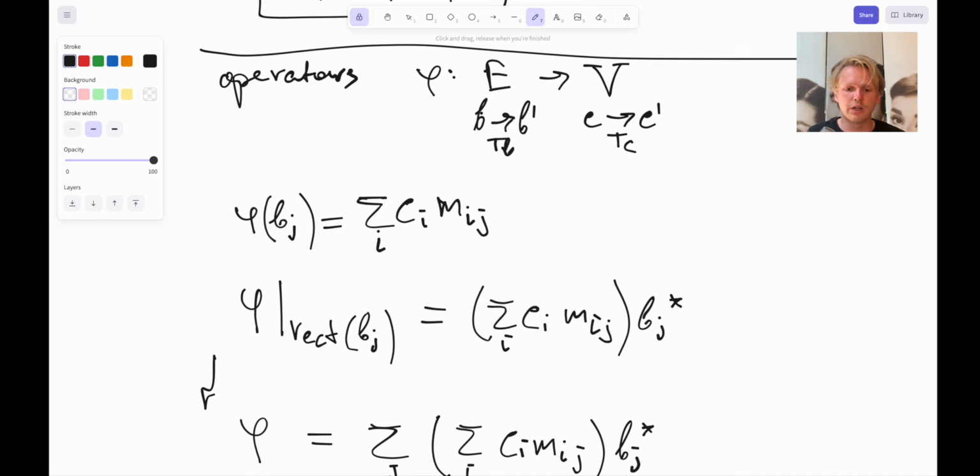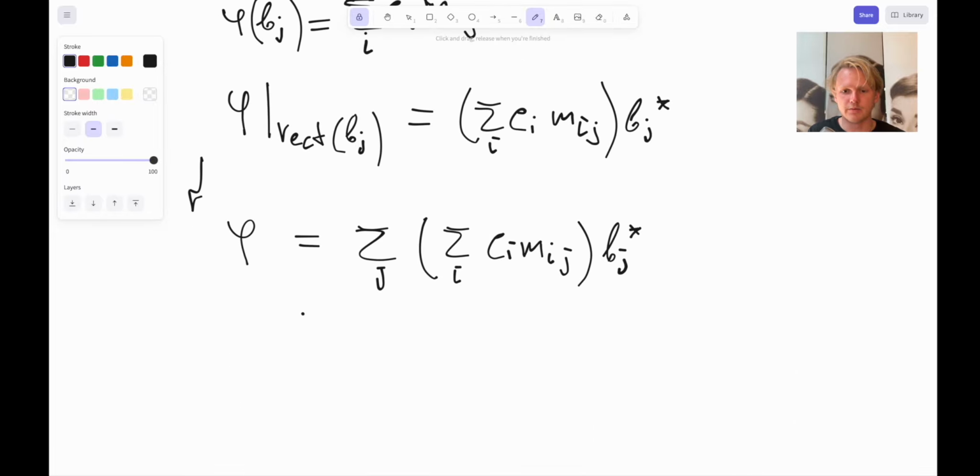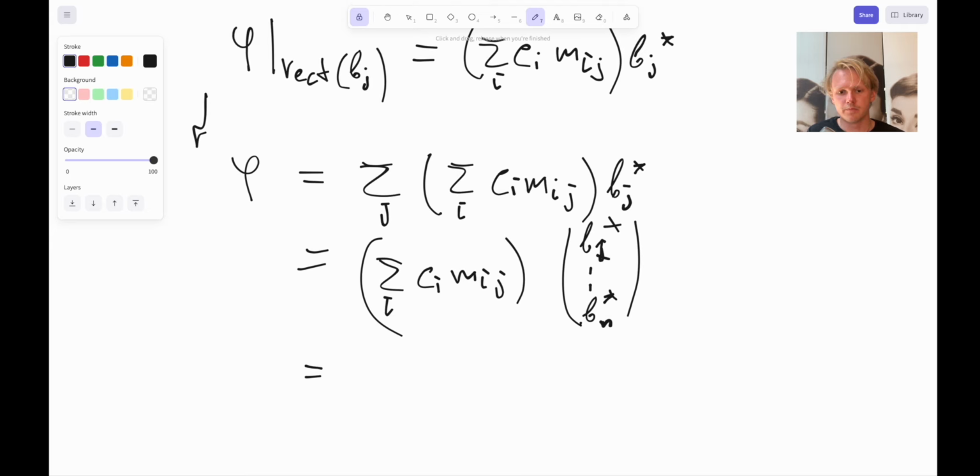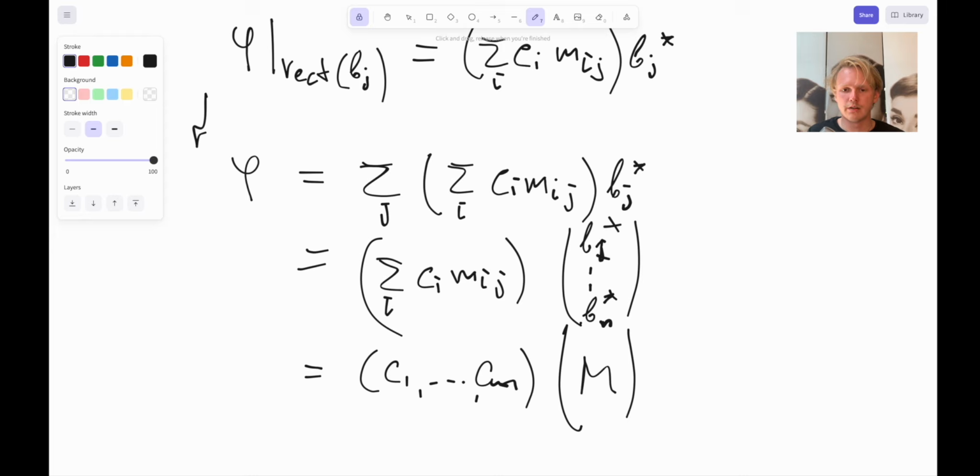And the way we can write it is this row multiplied by column Bj, B1, Bn star. And this one we can write as our basis C1, Cm multiplied by our matrix M, right?